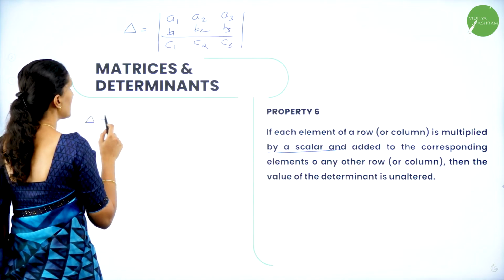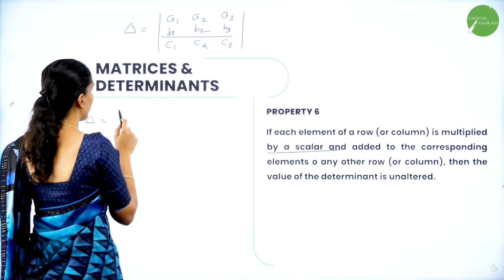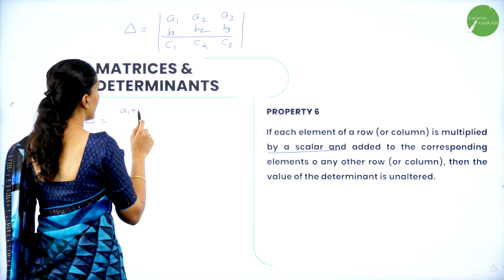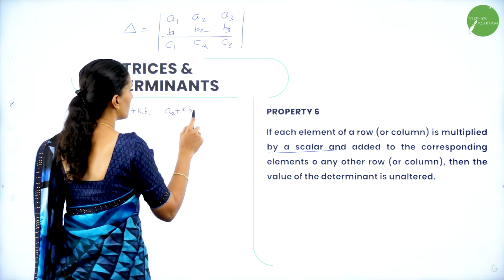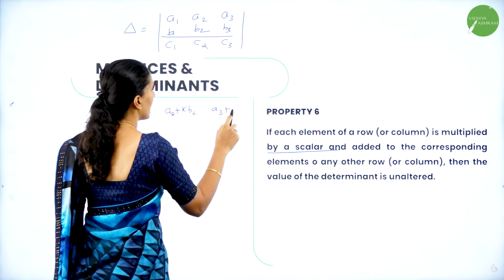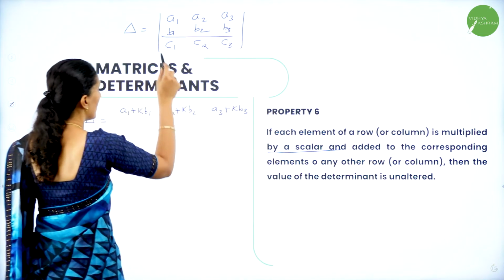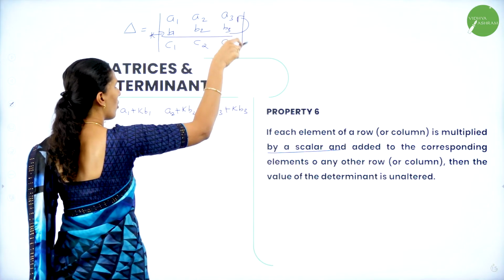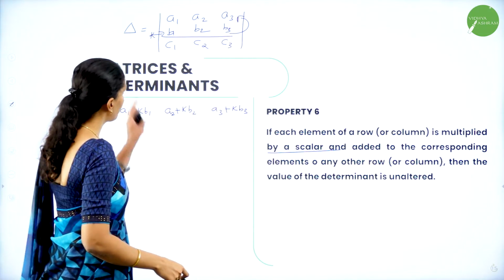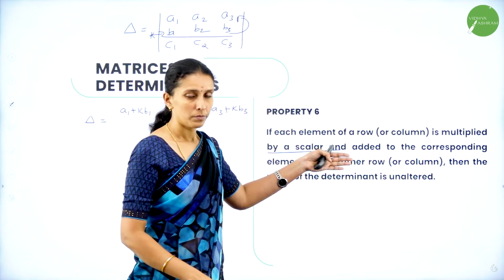Then it becomes a1 plus kb1, a2 plus kb2, a3 plus kb3. Like this, multiply k to this row and add it to the first row. You can also add it to the last row. So any one of the rows you can take.